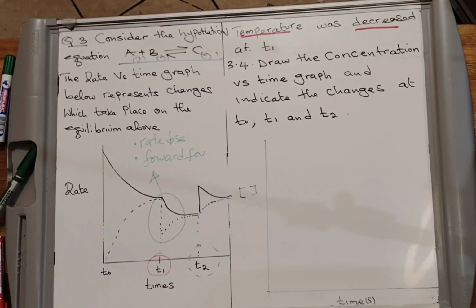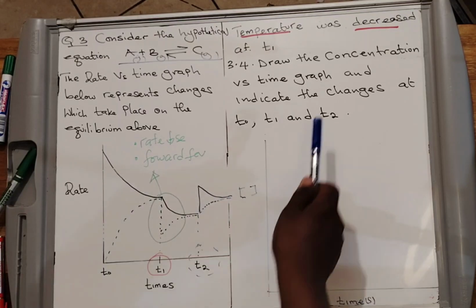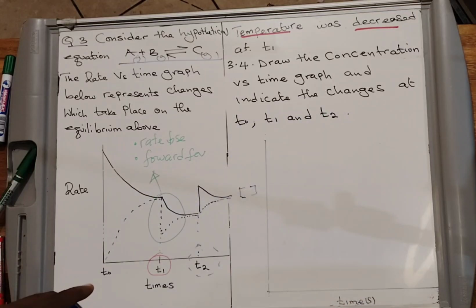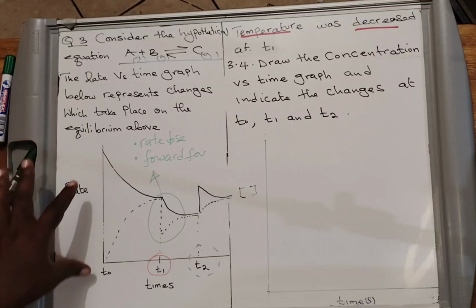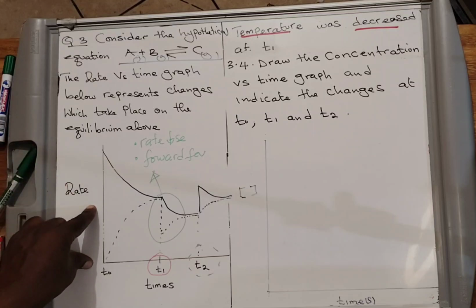We have the axis, and we start. So the question wants us to draw concentration versus time graph and indicate the changes which took place at T0, T1, and T2. So from the graph, what do we see? From the T0, we see that the reaction is just starting.